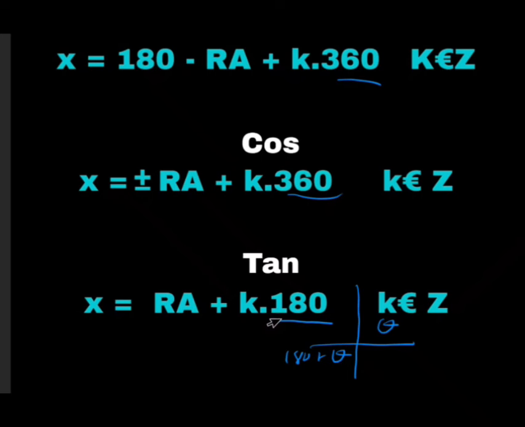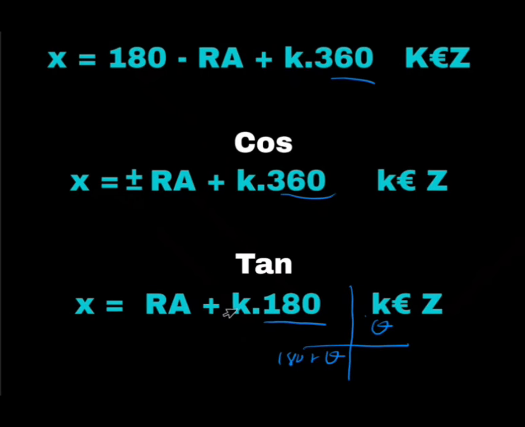Another thing I want you to notice is that we only have one equation. Why do we not have two equations? Notice it's positive in the first and the third quadrant, so we're supposed to have reference angle plus K180, and we're also supposed to have 180 plus reference angle plus K180, right? But why do we have one equation? The reason is that this has a short period.